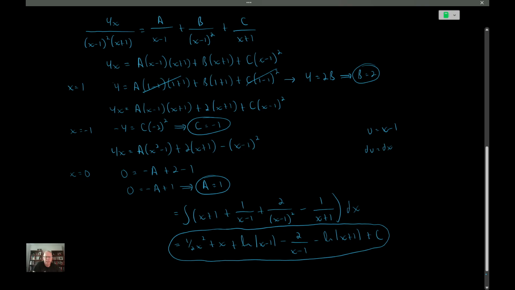It might not be a bad idea when you're doing these steps to not skip too many steps, because if you get a, b, and c wrong, obviously everything's going to be wrong after that. And once you get your answer, you can take the derivative of this and see if you get back to where you started, but that is also very tedious and will take several minutes to do. So it's not the easiest process in the world.